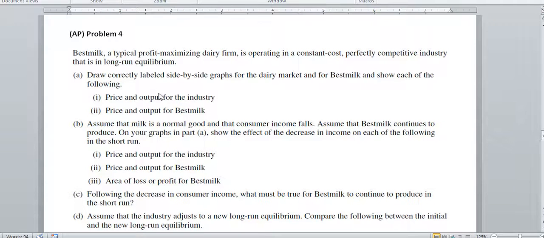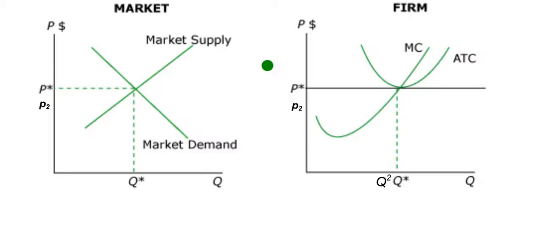So we need to make two side-by-side graphs, and that's going to look like this. We have the market on the left and the firm on the right. Now the market's simple. You just draw your basic supply and demand curves, the supply upward sloping and the demand downward sloping, with your equilibrium price and quantity right here.